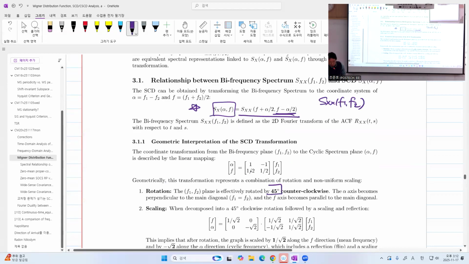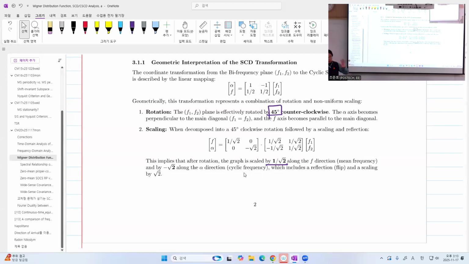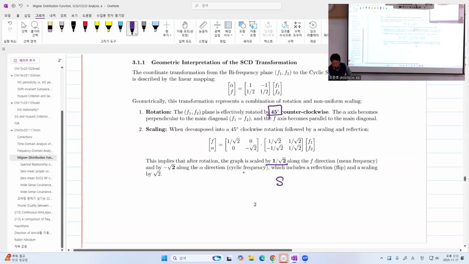So it is rotated 45 degrees clockwise and scaled by 1 over square root t, square root 2 along the f direction, and so on. Got it?